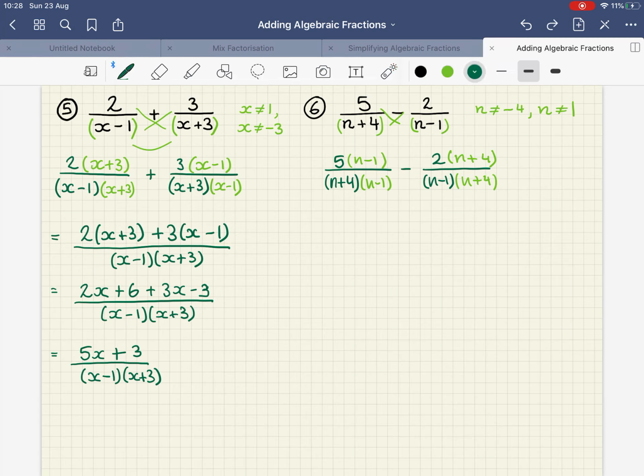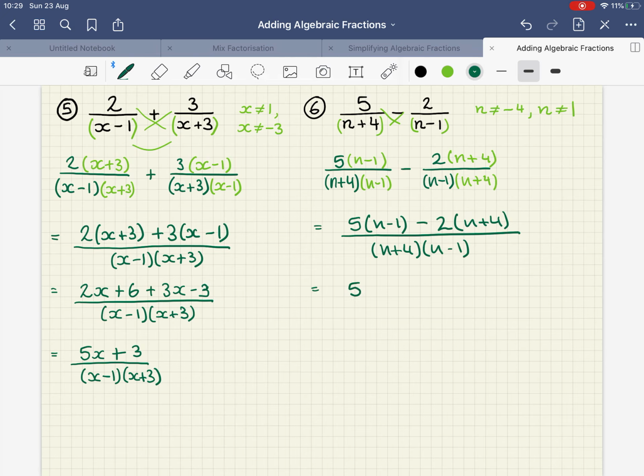And so I've now got 5(n minus 1) take away 2(n plus 4) all over (n plus 4)(n minus 1).